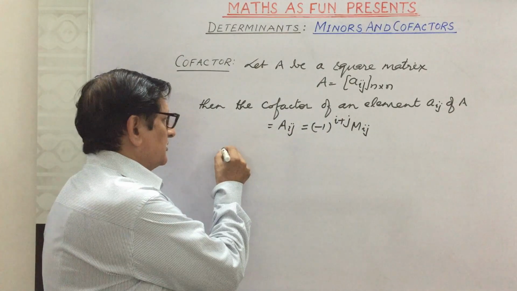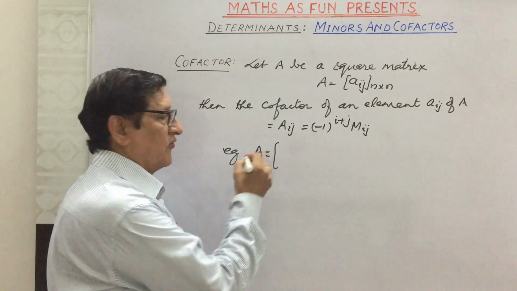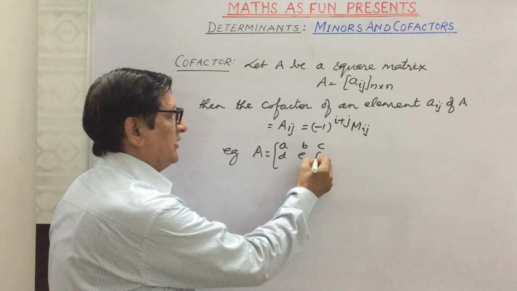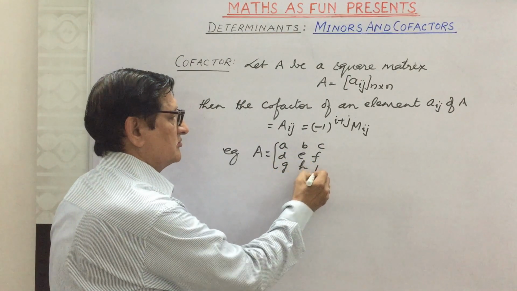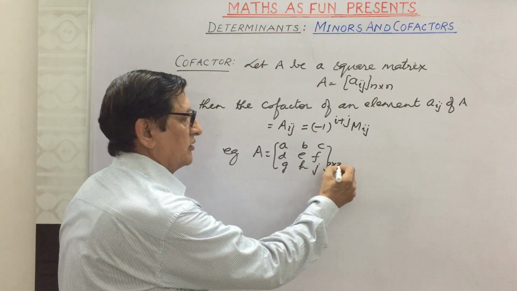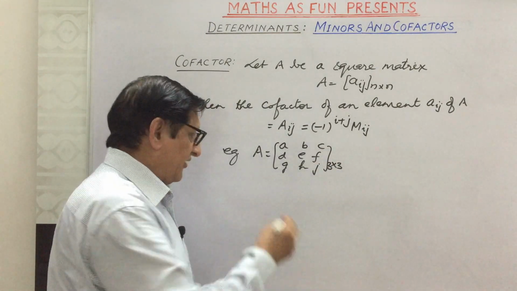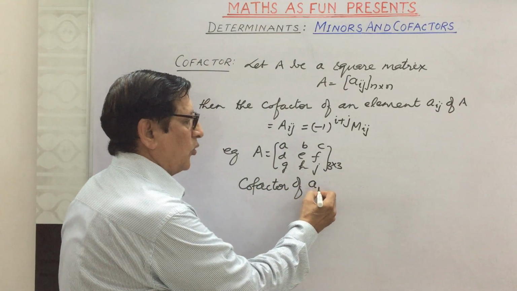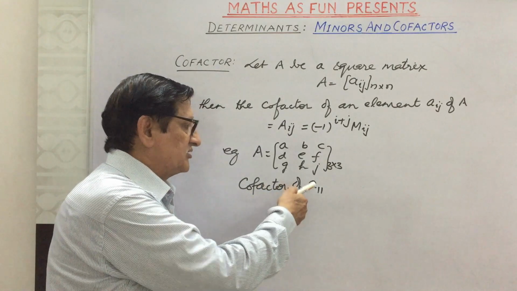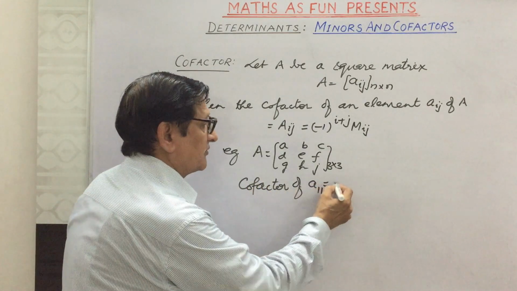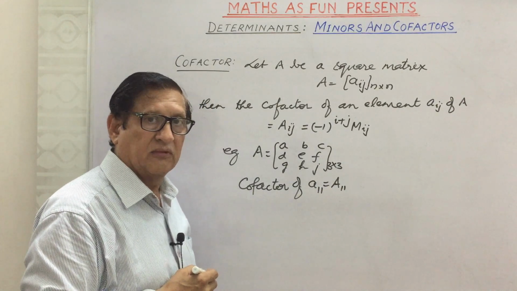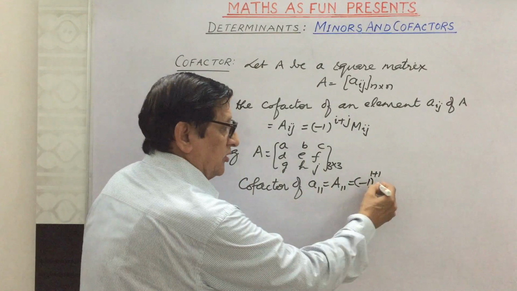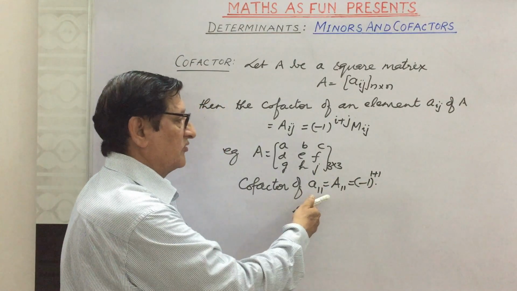For example, suppose we have a matrix A of order 3 into 3. The elements in this are A, B, C, D, E, F, G, H, J. We want to find the cofactor of an element A11. Here i is 1, j is also 1. That will be represented by capital A11, and this will be minus 1 to the power 1 plus 1 into the value of the minor of A11.